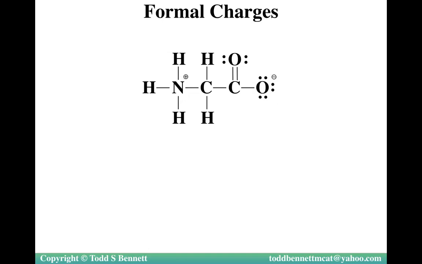What we've just drawn is something called glycine. It's an amino acid. It's the simplest one to memorize. It is a case of an NH3 plus amino group bonded to carbon with a carboxylic acid or a carboxylate group. This is known as glycine.